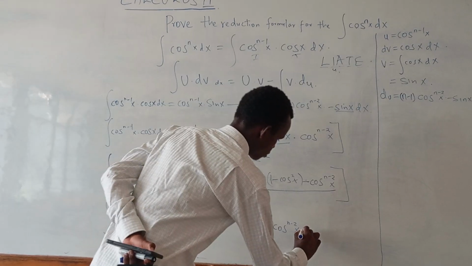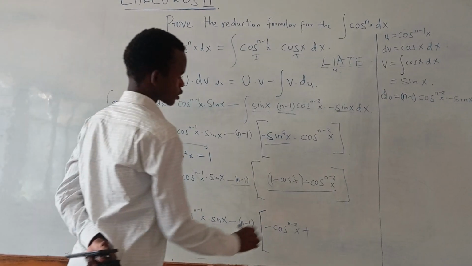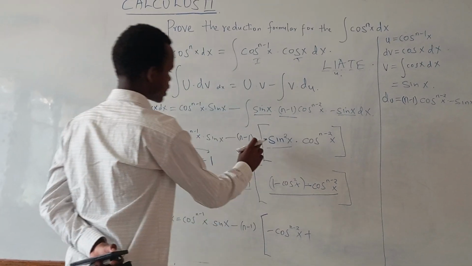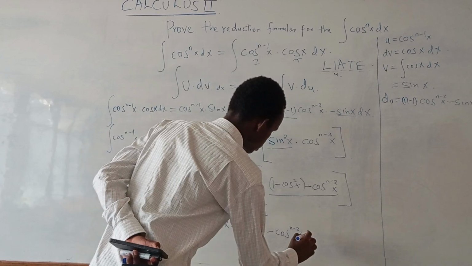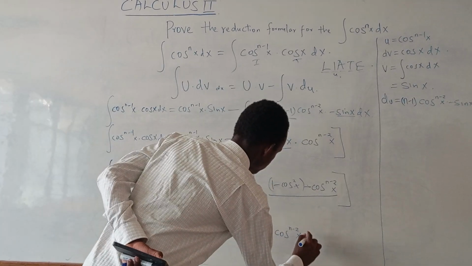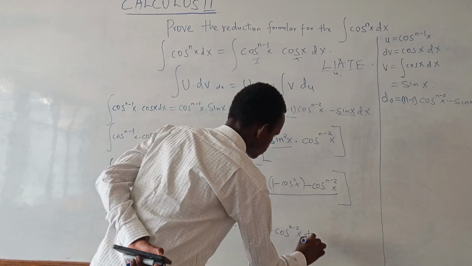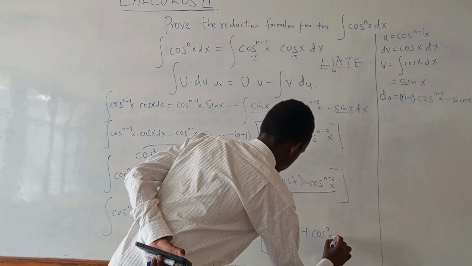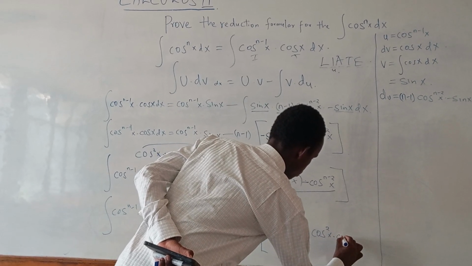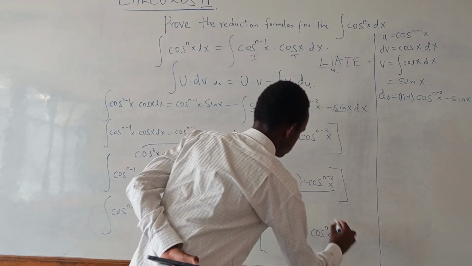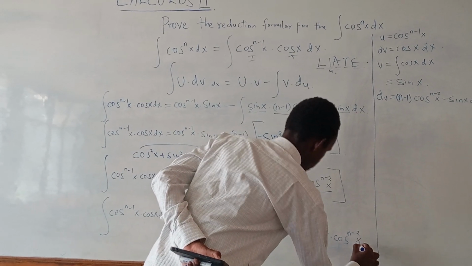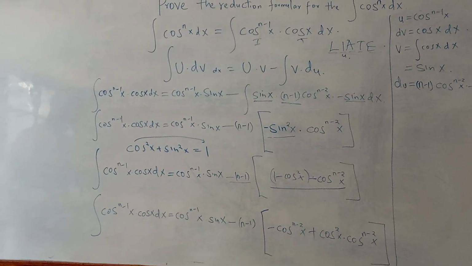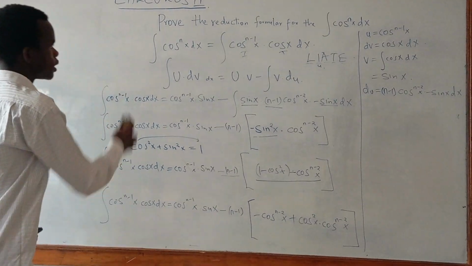So it will be plus, it will be minus, sorry. So this is negative, it will be minus, it will be positive. Negative multiplied by negative is a positive, so it will be cos squared of x multiplied by cos to the n minus 2 of x, close the bracket.